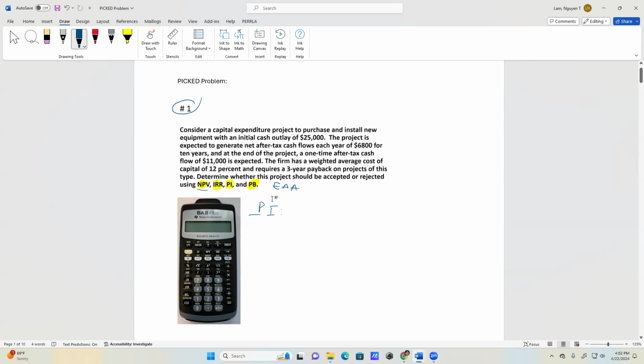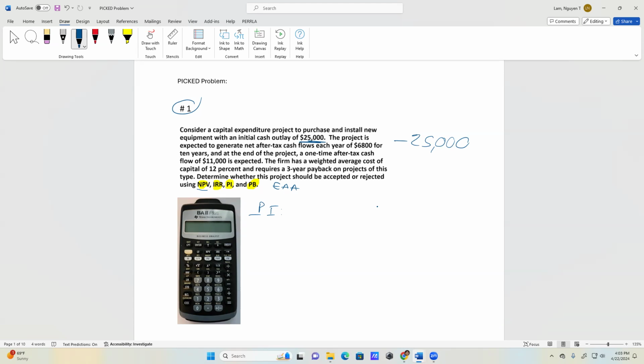So right here, the cash outlay is 25,000, which we know means the outflow of money, so it's going to be a negative 25,000 at the beginning, at year 0.